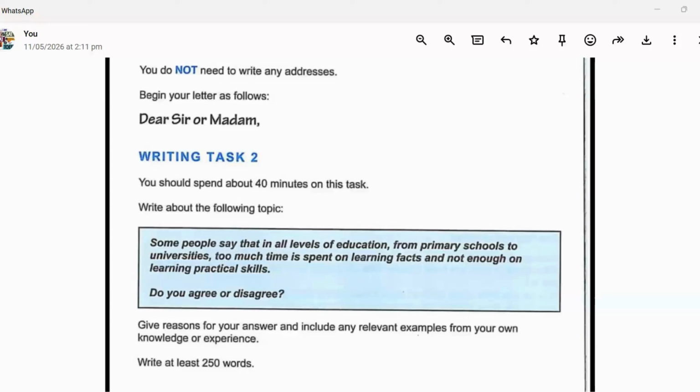Now, Task 2 is essay writing, and I'm sure you know that essay writing is quite different from diagram interpretation. Essay is also quite different from letter writing. There are two different types. Now we're going to be looking at the essay writing. So what is an essay?